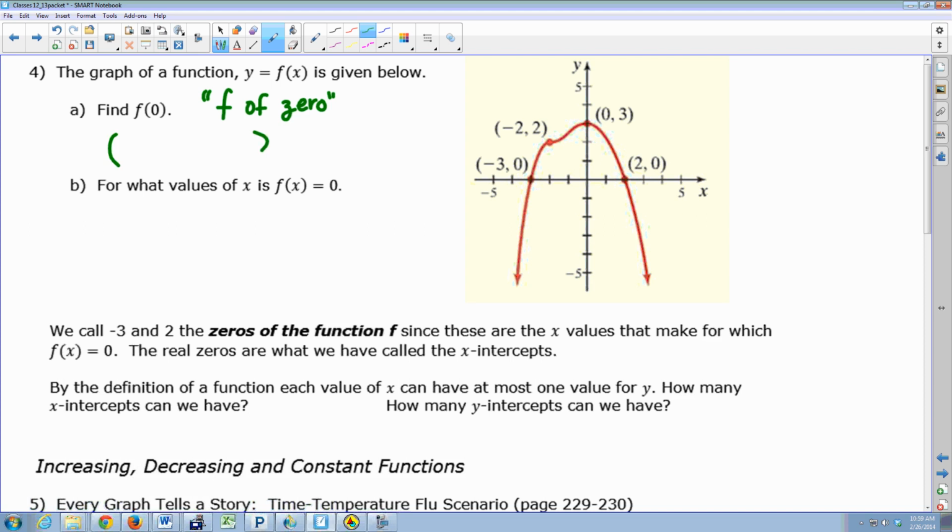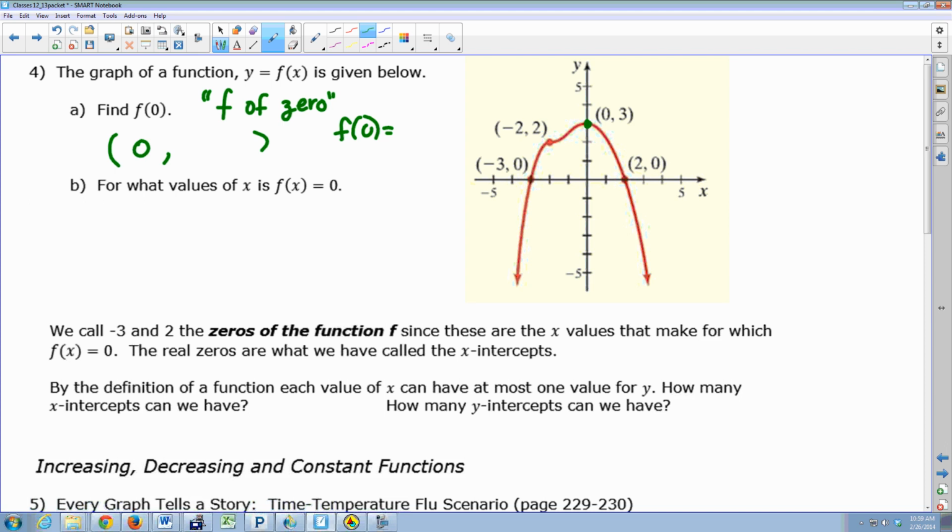So our input, our independent variable, is 0. So f of 0 corresponds, this notation corresponds to what we typically call the y value when x is 0. So that's also called what on our graph, that point, f of 0? Jonah? The other one, right.